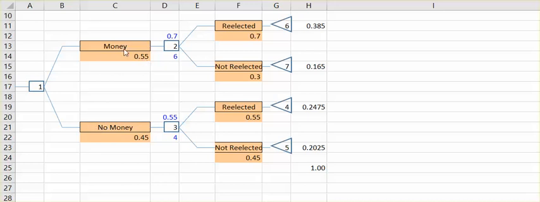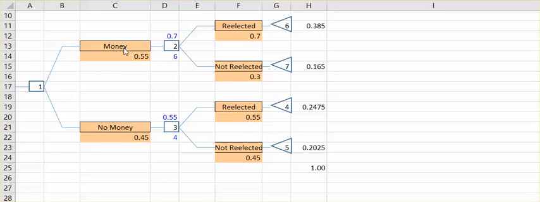Money, 55, complement of money is no money. So that's what we know. When you look at these types of problems, it's always good to extract from the word problem what you need. And then it goes on, 55% of raising money.